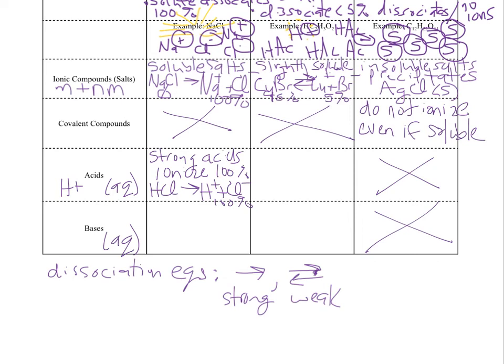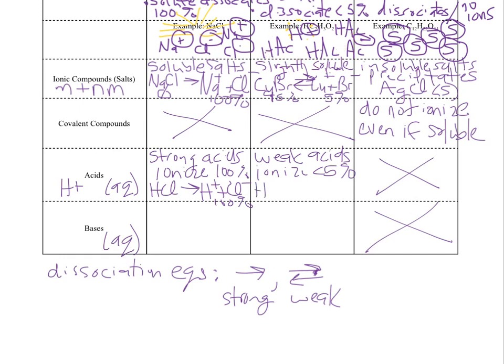With a weak acid, weak acids are weak electrolytes. And the definition of weak acids is acids that ionize less than 5%. Okay? So our vinegar up here, this was our example, right? This is a weak acid, vinegar.